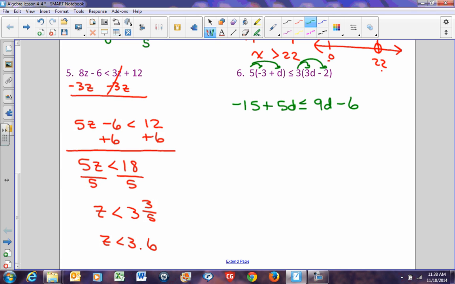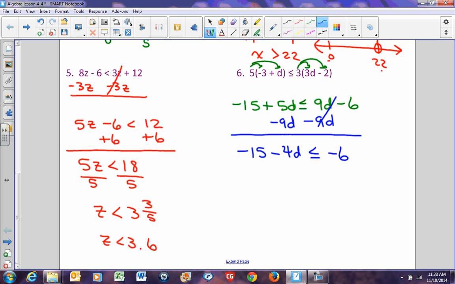Again, I have variables on both sides of the inequality. I prefer to keep my variable on the left side, so I'm going to subtract 9d from both sides, leaving me with -15 minus 4d, because 5d minus 9d is -4. These will cancel out, and that's less than or equal to -6.